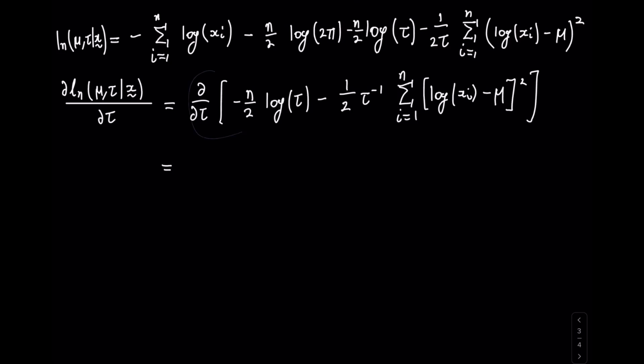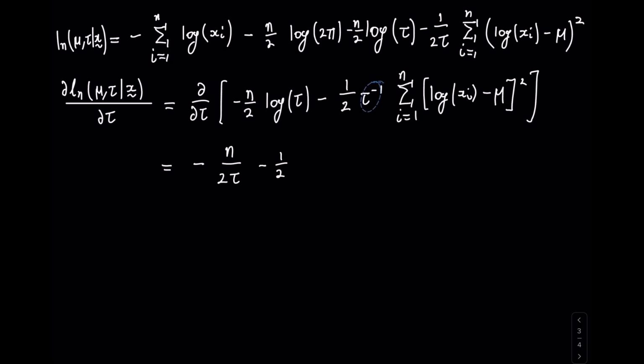So, for the first term, we note that when we differentiate with respect to tau, we've just got a log of tau. Differentiating a log gives you 1 on the variable that we're interested in. So this becomes n on tau. This one here, because it's in power form, we can get a bit clearer explanation. We've still got the half scaling factor.